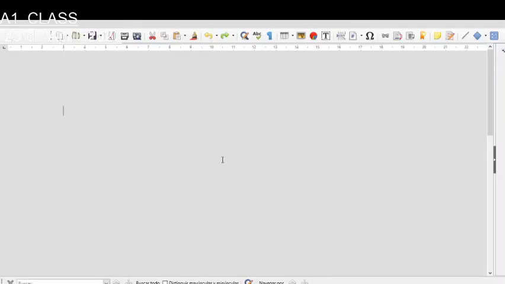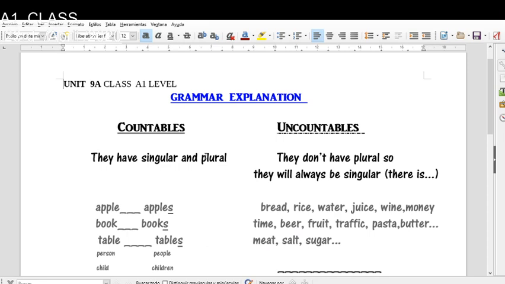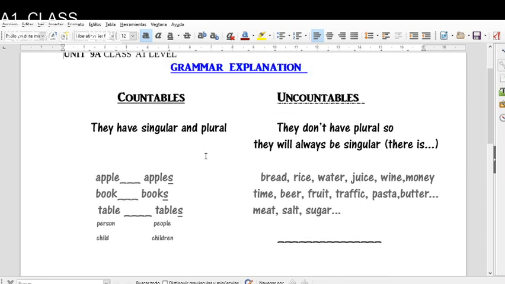Here it was. I sent you by mail, and here you have the grammar explanation. So now, first of all, we try to make the difference between countables and uncountables. Countables, remember, have singular and plural. One apple, two apples.